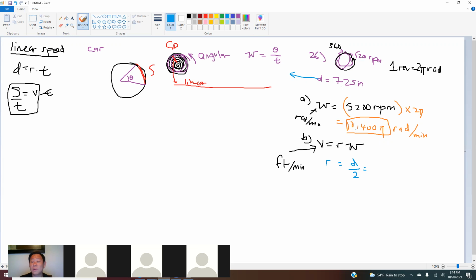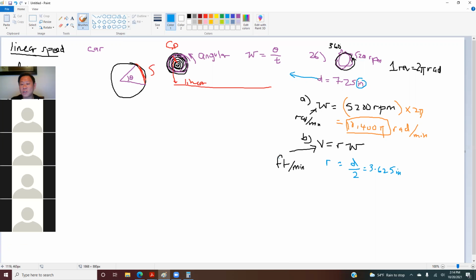So what is your radius in this case? 3.625 feet. Not feet, this is inches. Don't forget, this is in inches. And because the question wants us in feet, we have to convert this into feet.